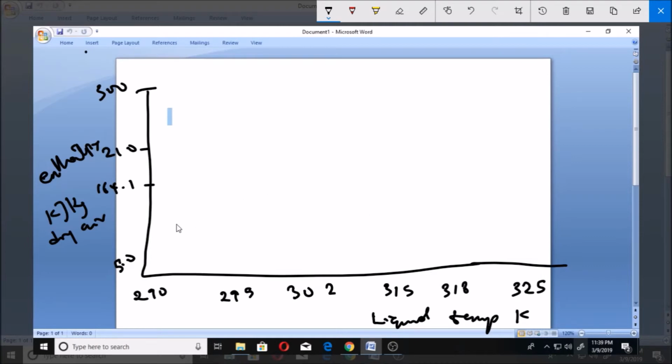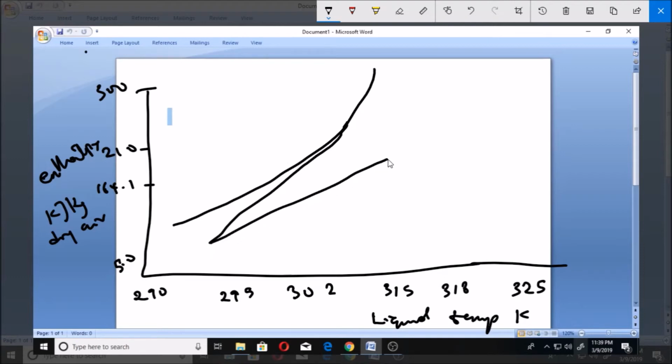So the equilibrium line is first drawn with the data given. Then we are going to draw an imaginary operating line to just touch here. Then from here we'll draw the real operating line to move like this.